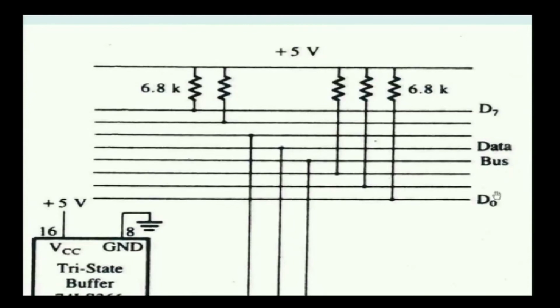We have 8 data lines, D0 to D7. D0, D1, D2 are connected with the high level, D3, D4, D5 are connected with the encoder output lines via the buffer, and D6, D7 are connected with active high signals. So, 5 signals are high level, and only these 3 signals will change to select the 8 interrupts, because 2 power 3 is 8. So, we can select the 8 interrupts.